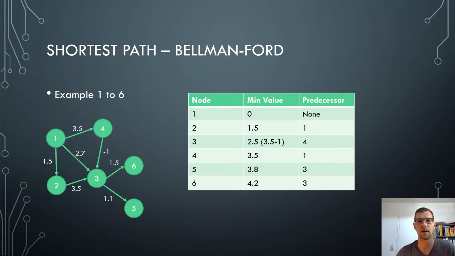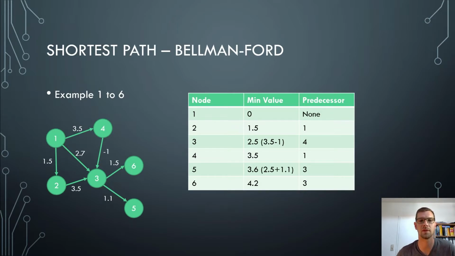Then we keep going and compute it again from the beginning. So node 1, nothing changed, node 2, nothing changed, node 3 now changed a bit because the value of node 3 changed. So we have there a minimum value of 2.5 now, and we have to recompute the outgoing edges, and that is here for the node 5, this 3.6, because the new value of node 3 is 2.5 plus 1.1 of the edge is 3.6, and the predecessor stays 3.